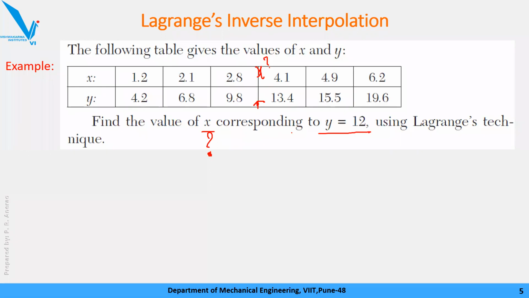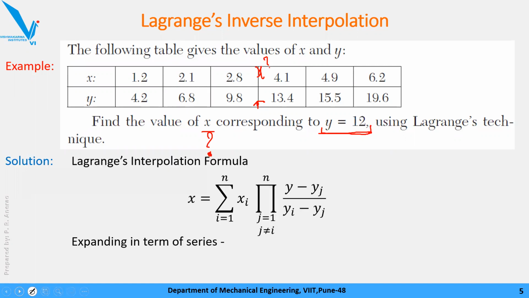Now we know that as y is given, we need to perform an inverse interpolation using Lagrange's approach. First step, we will call the formula of Lagrange's, this complicated one, but instead we'll use the expanded form, which is easy: x equals x1 L1 plus x2 L2 and so on.